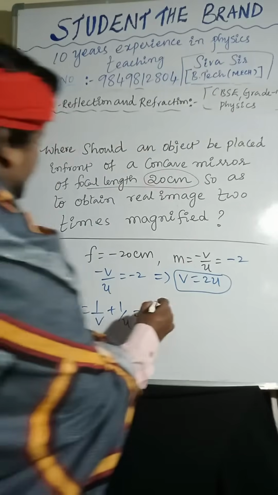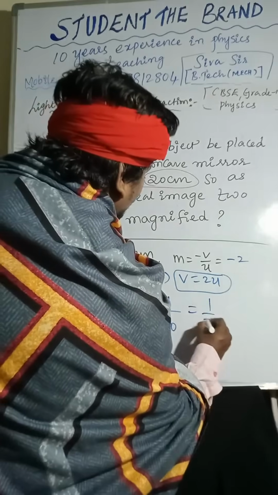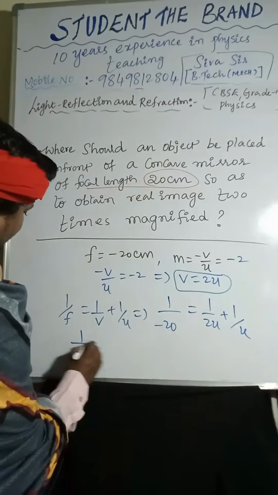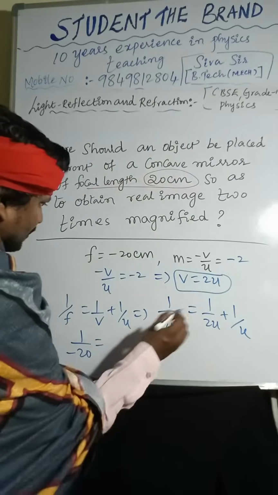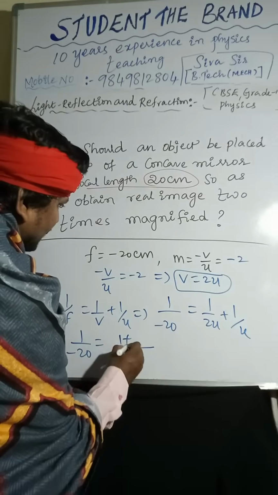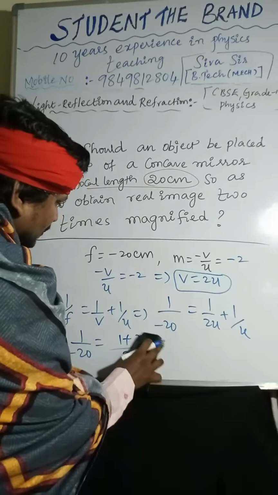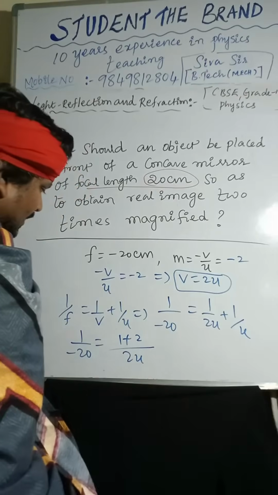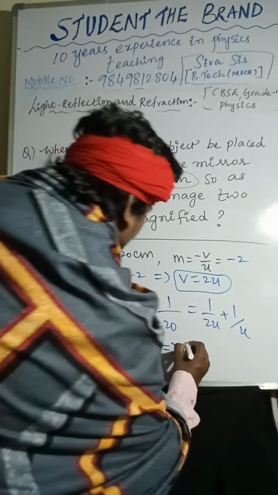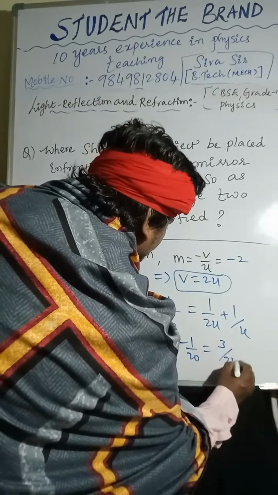Then minus 1 by 20 equals 1 by 2u plus 1 by u. Taking 2u as the LCM, 1 plus 2, so minus 1 by 20 equals 3 by 2u.